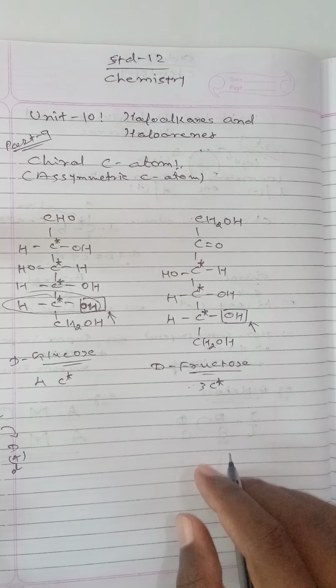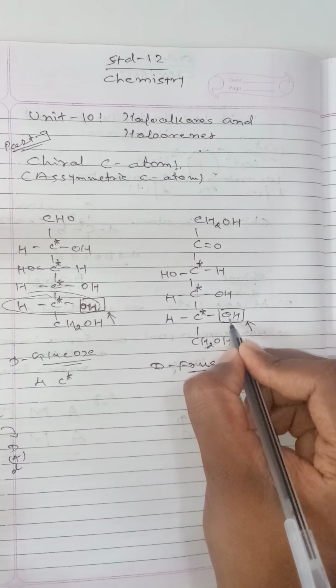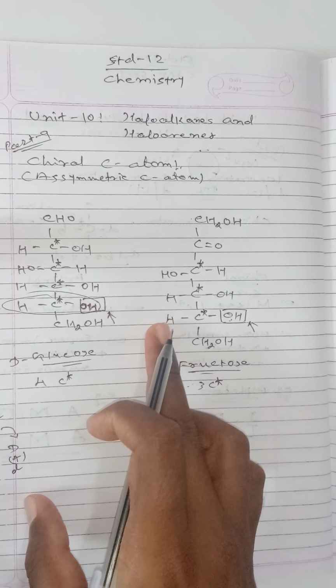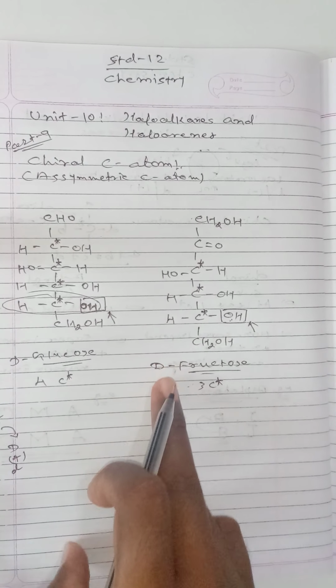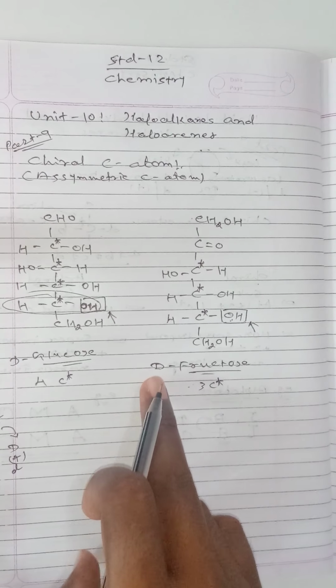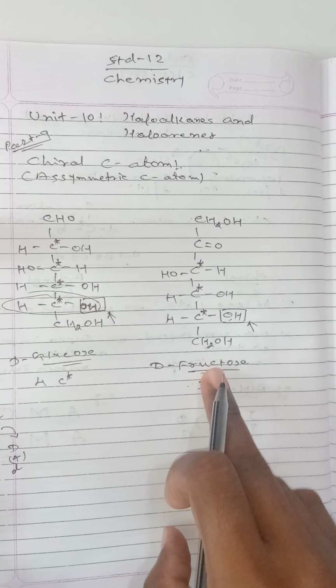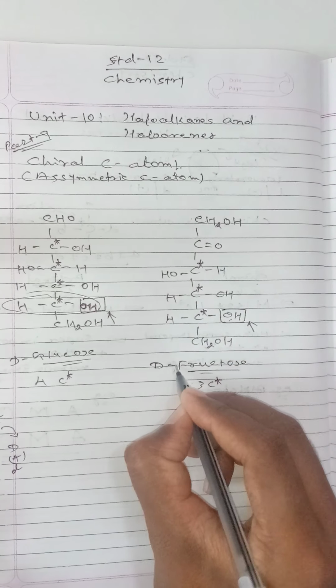Suppose this hydroxyl group is at the left hand side, so it is said to be L, meaning levorotatory fructose, L-fructose.